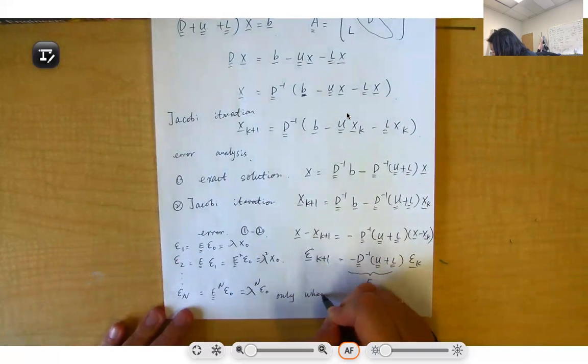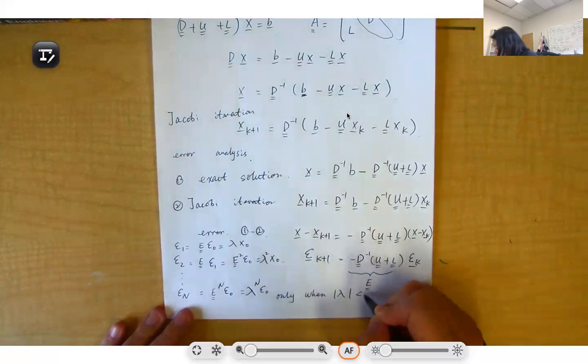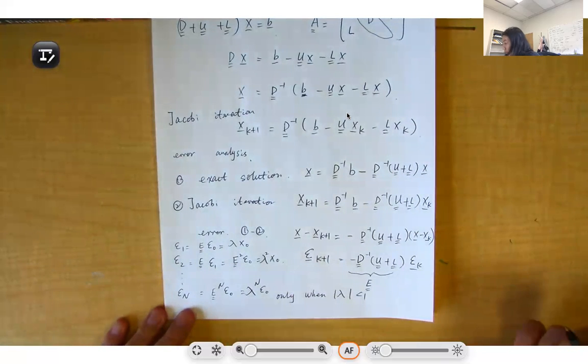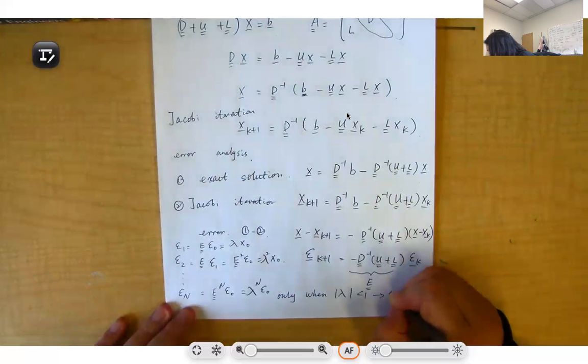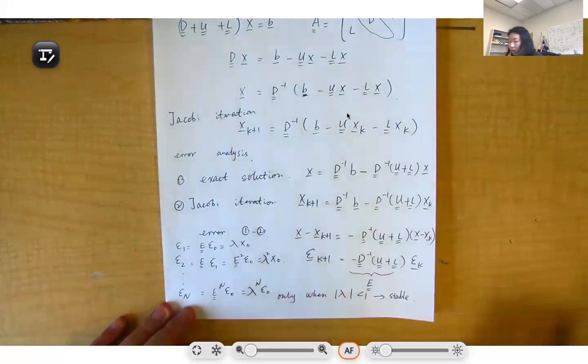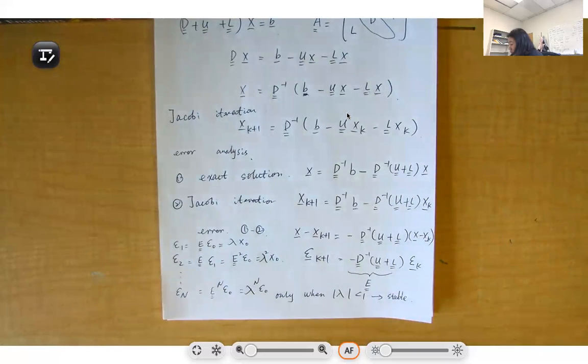So only when your lambda is smaller than 1 in absolute value will that lead to a stable system, because your error converges to 0.